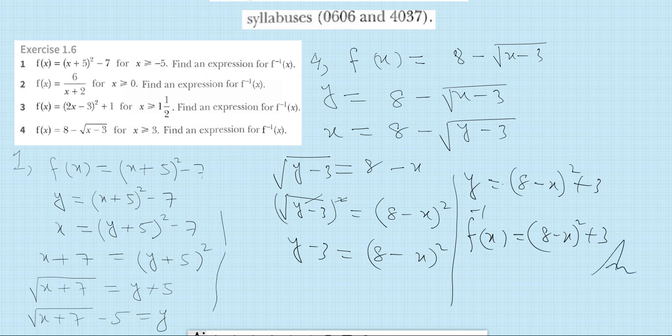This is the final answer. So hope you understand. You must learn from question number 1 to 4 the steps which are involved to find the inverse of a function. Moving to other questions.